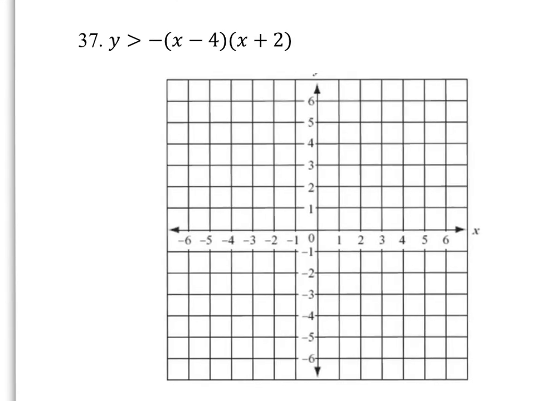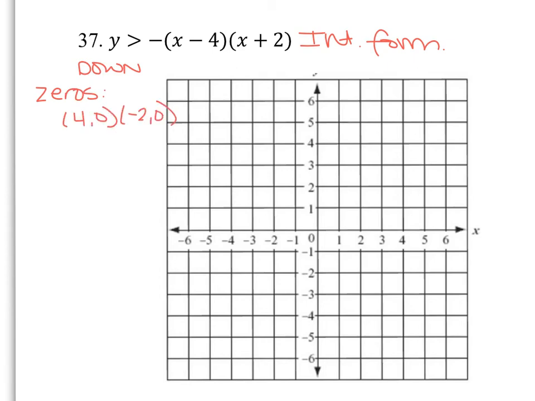37 is intercept form. So it opens down because it's negative. My zeros are 4, 0, and -2, 0. My axis of symmetry, I have to add these values and divide by 2.